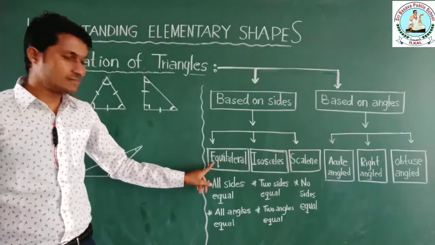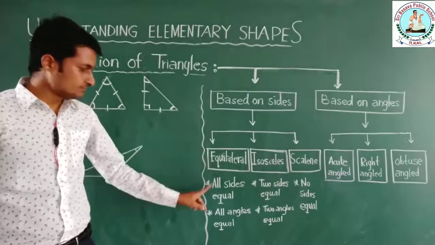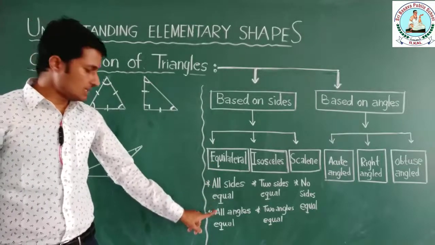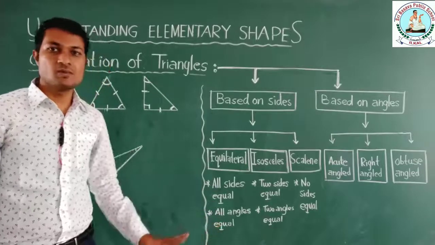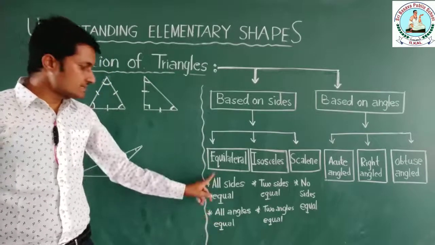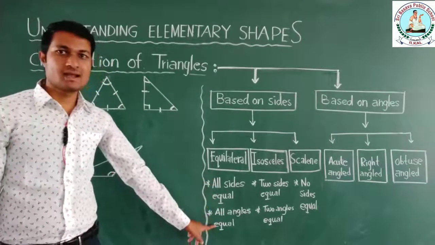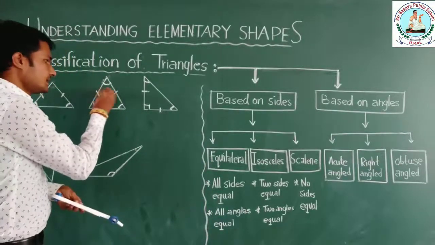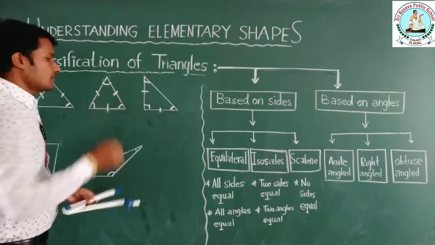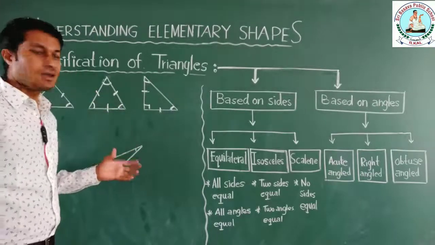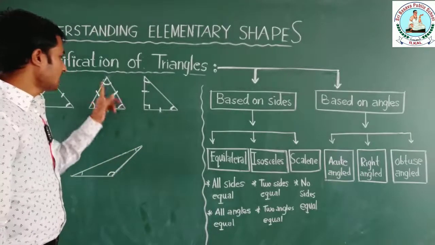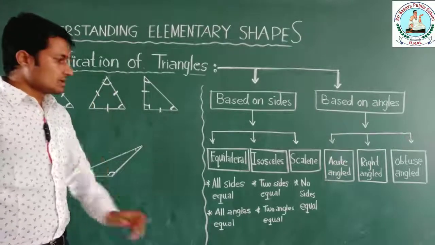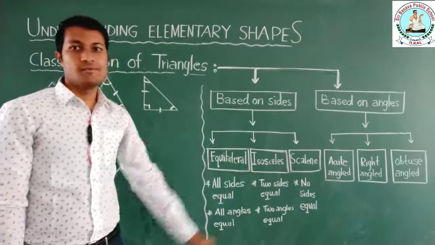The word itself says that equi means all the sides must be equal and all the angles must be equal. If so, then such a triangle is called an equilateral triangle. So here, this is the equilateral triangle because all the sides are equal and at the same time all the angles are equal. Then let's go to another type of triangle.